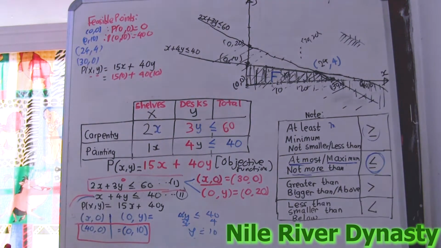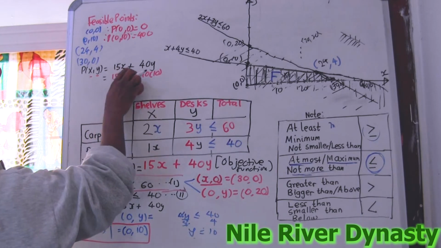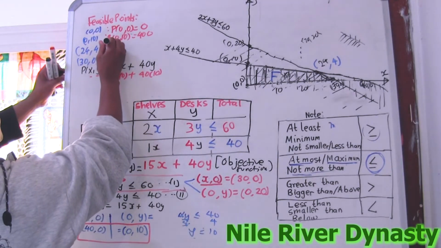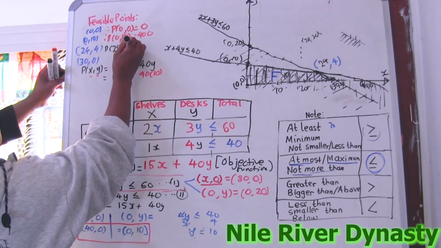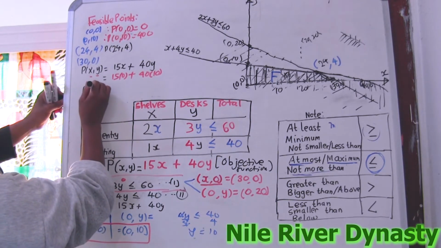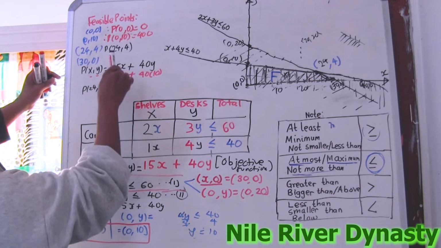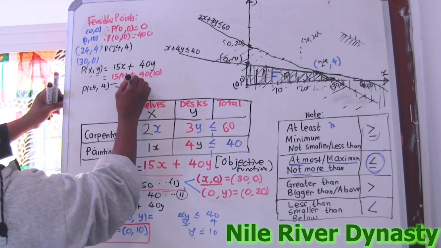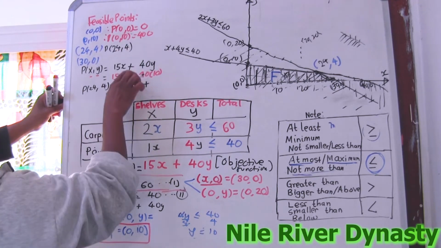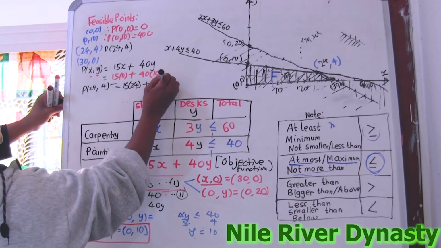Now we count for this one, 24 and 4. So 24 and 4, okay? 24 and 4 means this is going to be 15 times 24 plus 40 times 4.